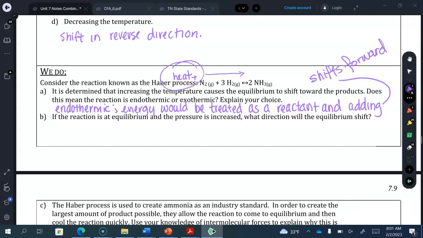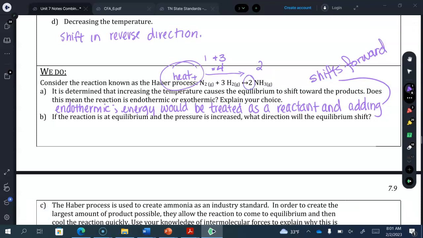If the reaction is at equilibrium and pressure is increased, which direction will the equilibrium shift? Because these are all gases, we have to look at total gas count. So I have 1 mole from N2 plus 3 moles from H2, which is a total of 4 moles of gas on the reactant side. And then on the product side, we have 2.